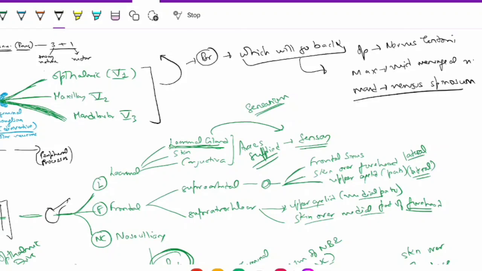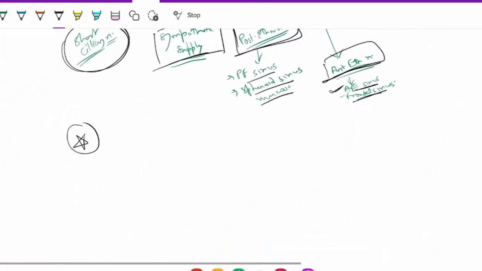So all three branches of trigeminal nerve send off a branch back to supply dura, and these are the names: ophthalmic's is nervous tentori; maxillary's is middle meningeal; mandibular's is nervous spinosum. Right? Now we'll go back to your maxillary nerve.